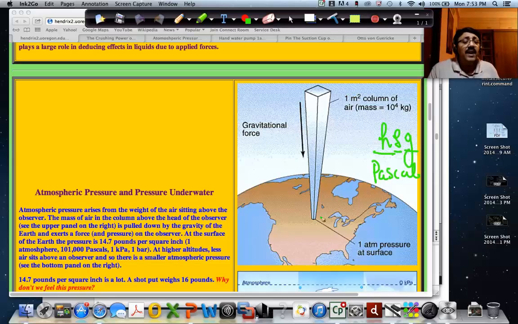What is the pressure exerted by the atmosphere on 1 meter squared of the surface of the earth? It is equal to 10 tons, 10 to the power of 4 kilogram force. 10 tons is as if 10 elephants are standing one above the other. That means 10,000 kg force is 10 tons.